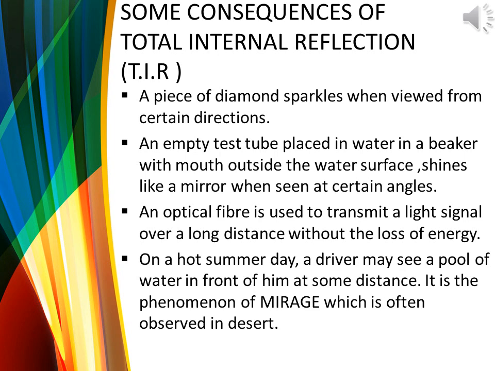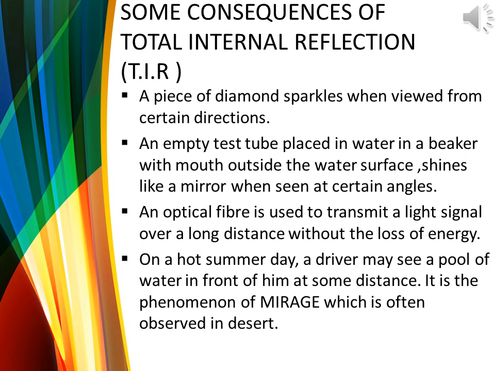Now let's talk about some consequences of TIR. You must have seen a diamond sparkling, right? So how come that diamond sparkles so much? A piece of diamond sparkles when viewed from certain directions, and this is happening because of TIR. An empty test tube placed in water in a beaker with mouth outside the water surface shines like a mirror when seen at certain angles, and this is also happening because of TIR.